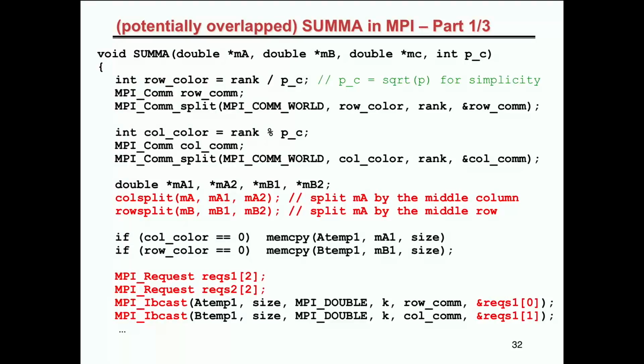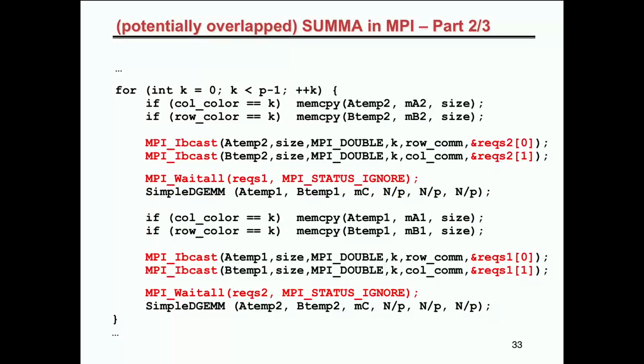As soon as it's done, I'm going to start computing on MA1, the recipients, while MA2 is still continuing. And then I'm going to issue MA1 of the next block and so on. So this kind of looks like the code will double in size, because I do a broadcast request, and I do a wait call, do my matrix multiply, and then I do another iBroadcast request, wait all.